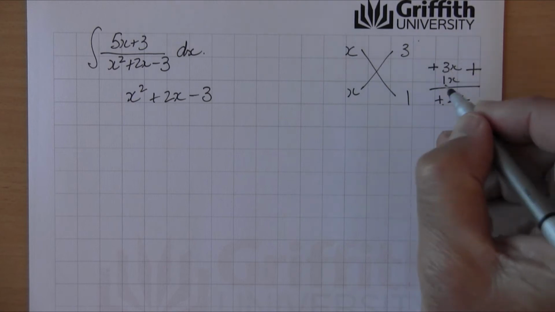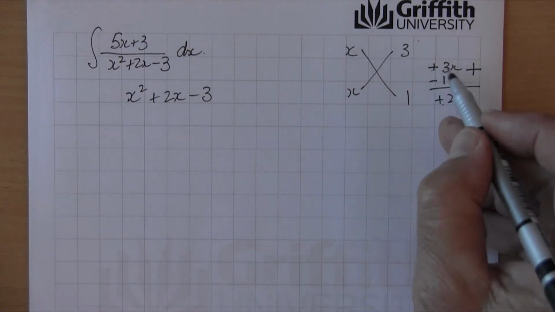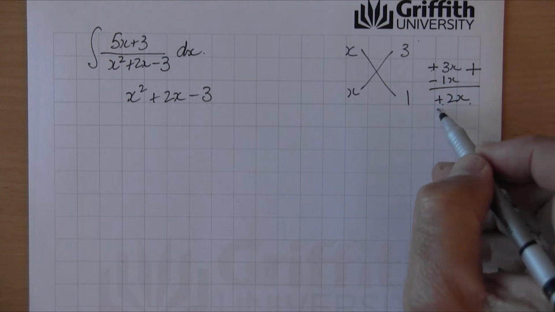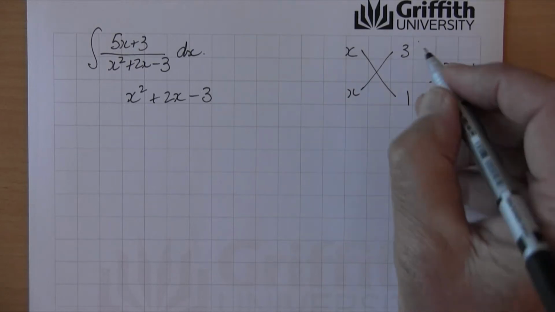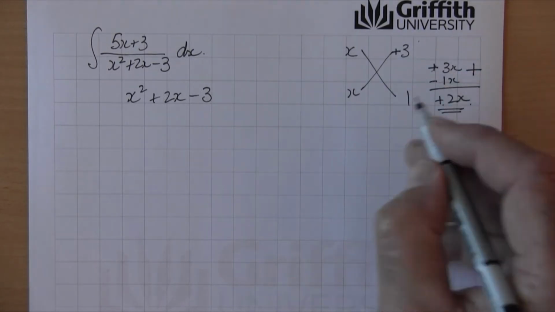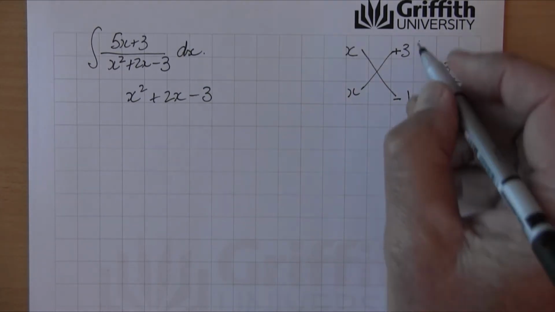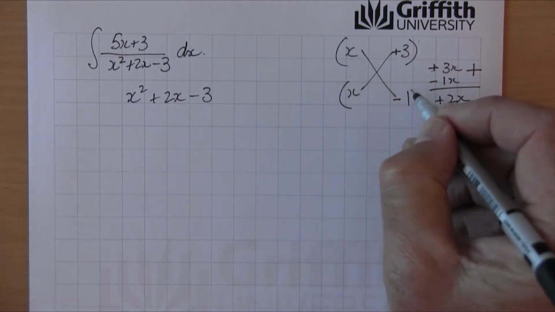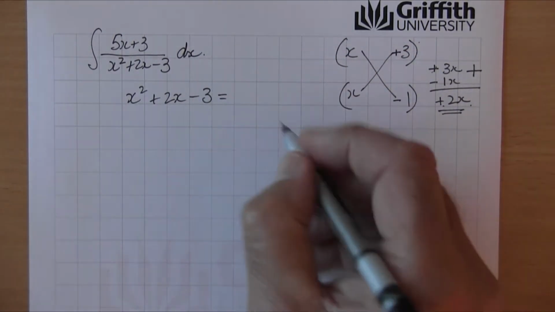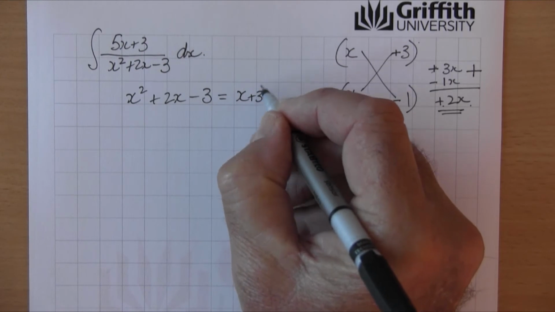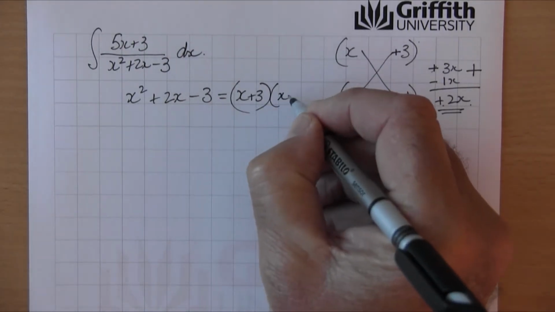So if I make that a positive there and that a negative there, when I add positive 3x to minus 1x, I get positive 2x. So the plus goes in front of the 3 and the minus goes in front of the 1. Brackets around the top, brackets around the bottom, so that's equal to x plus 3, x minus 1.